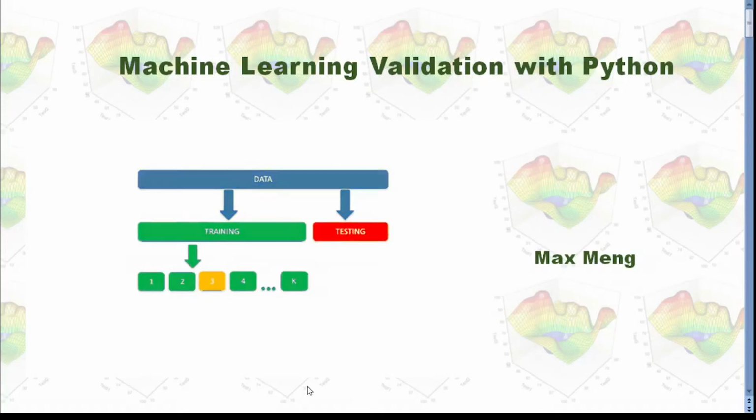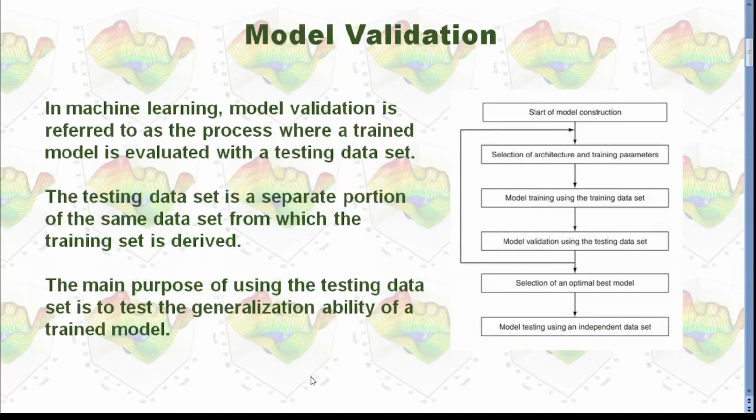In my previous videos, I talked about how to build a machine learning model and how to train a machine learning model. In this video, I'm going to talk about how to validate a machine learning model. In machine learning, model validation refers to the process where a trained model is evaluated with a testing dataset.